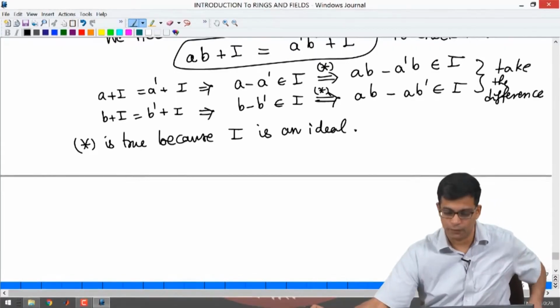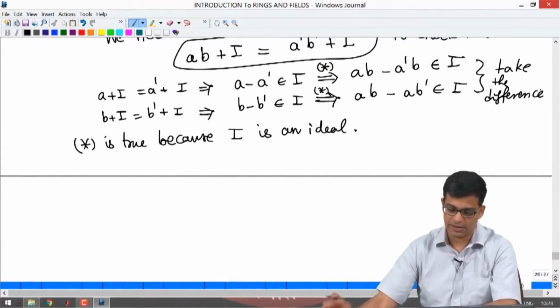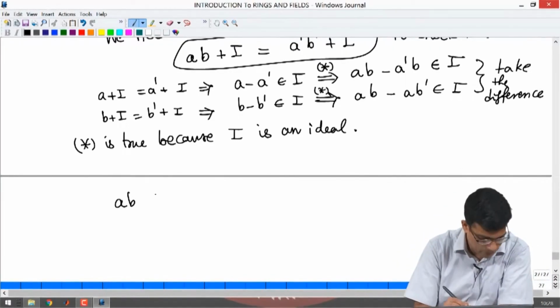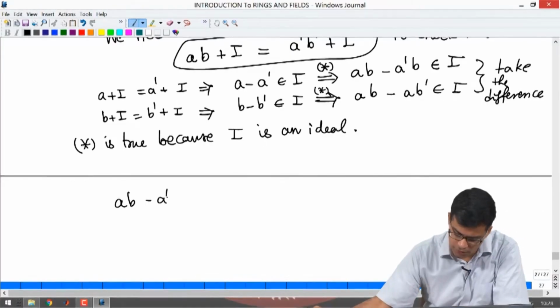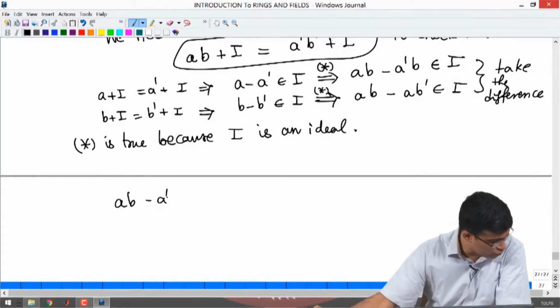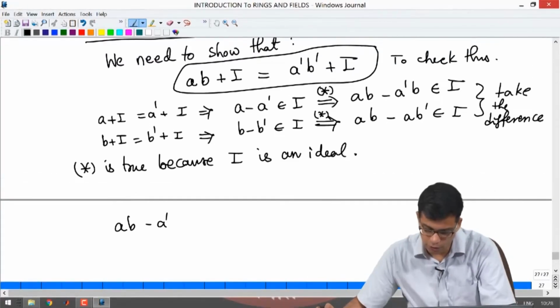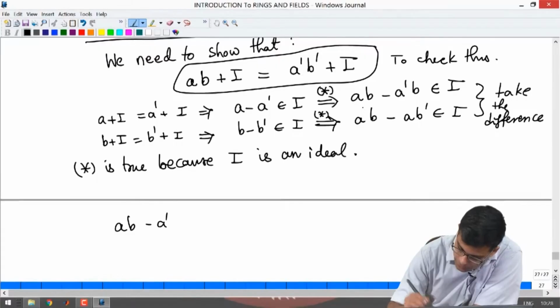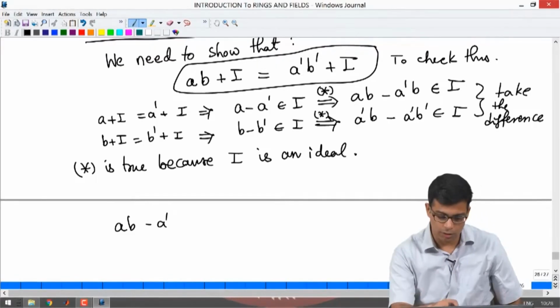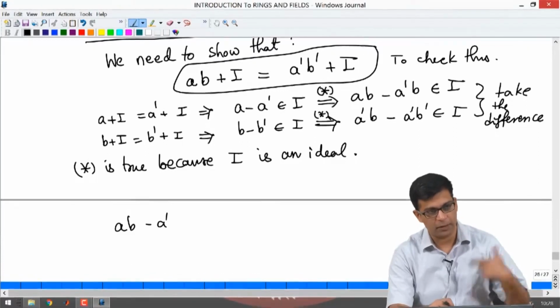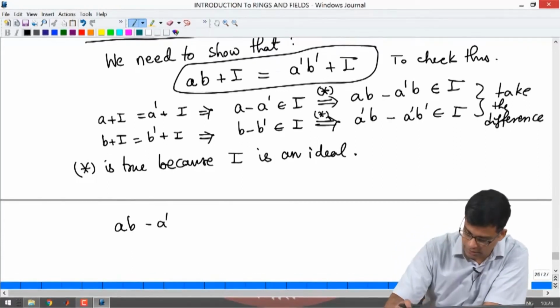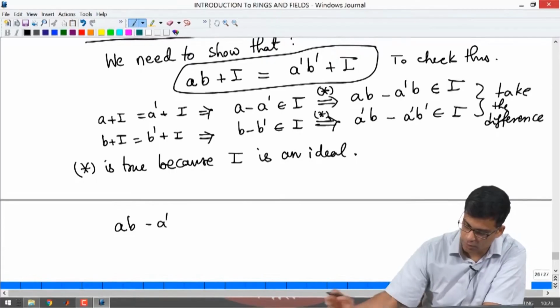I is an ideal, so if two things are in an ideal, their difference is in the ideal. So, something is wrong here. Actually, I will do a prime times this. b minus b prime is in I, a prime is a ring element, I multiply by a prime, and it is also in the ideal. So, a prime b minus a prime b prime is in I.